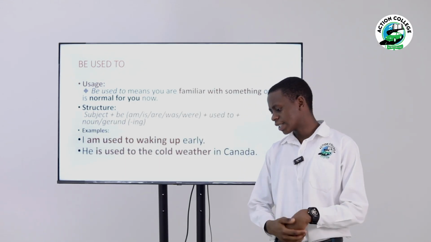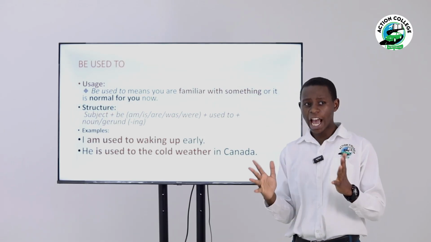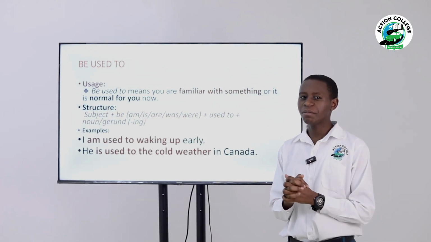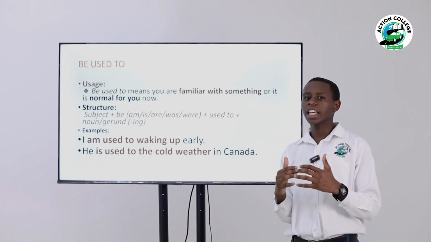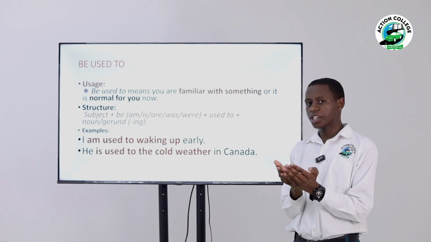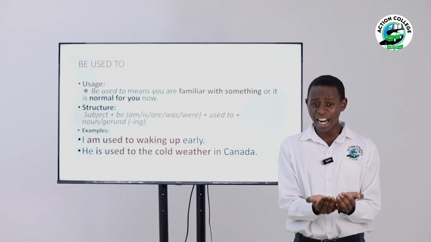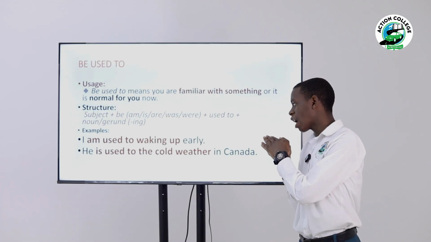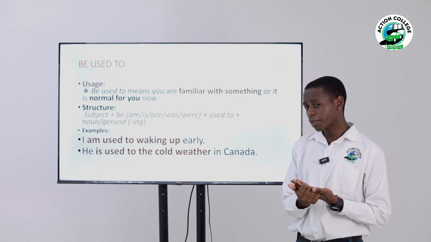Another example, you can say he is used to cold weather in Canada. In Canada sometimes it is freezing, but you can talk about this like someone is used to cold weather. Cold weather is a noun, of course. If it is a noun, that's why we don't need a gerund. We don't need the ing form of the verb.